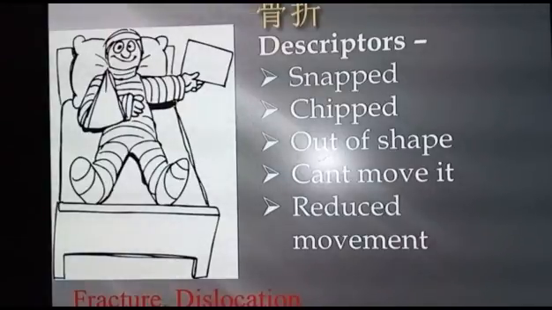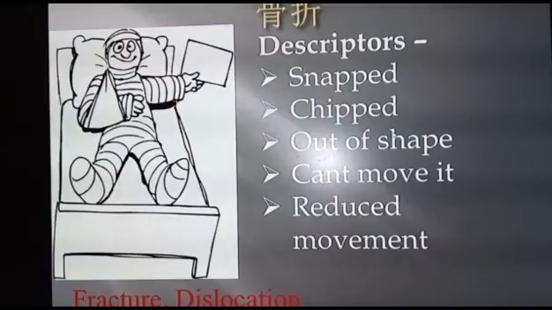The fracture is when you actually break it, snap the bone. Dislocation is when the bone is out of place from where it should be. It might not be broken, but it's not where it should be. And we'll talk about that again more in class.